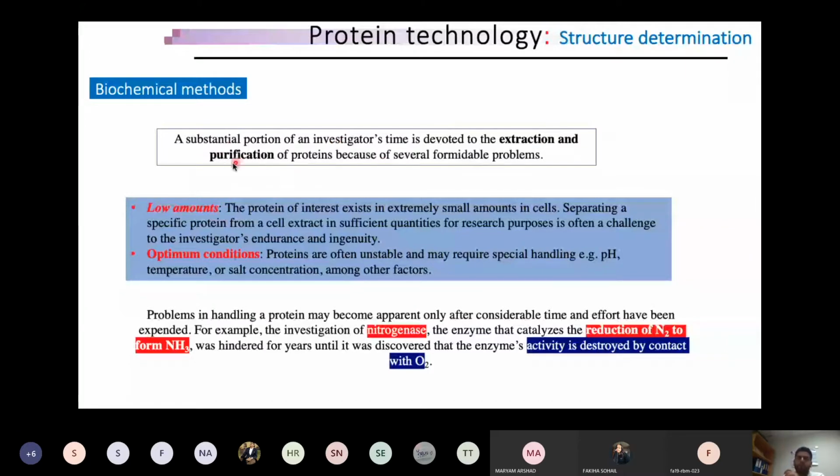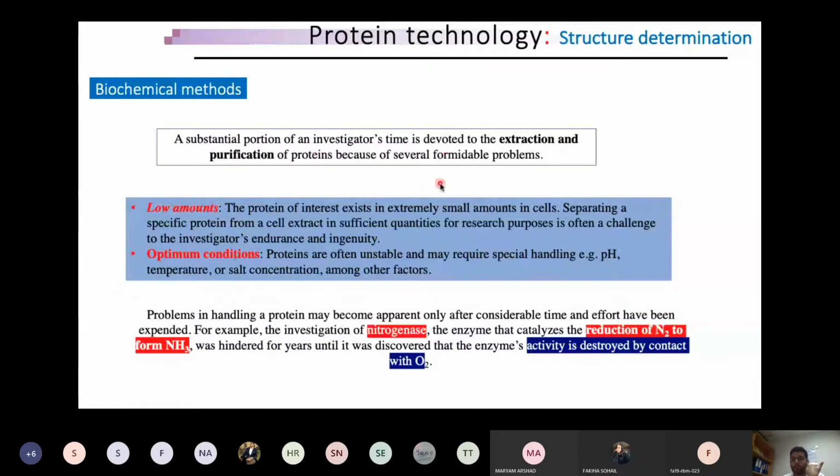Because once you purify it, you can go for amino acid sequencing and structural prediction. But if you do not have purified protein, everything is just a dream. You can dream it again and again, but you cannot do it. So the first step is extraction, and then purification.